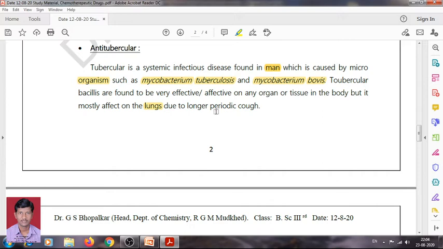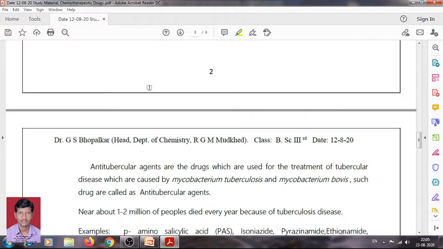Because of the longer periodic cough, they are found in lung tissue. Mostly the lungs of man are affected by Mycobacterium tuberculosis and Mycobacterium bovis, due to the longer periodic cough in animals, right? This is the background or history of tuberculosis.